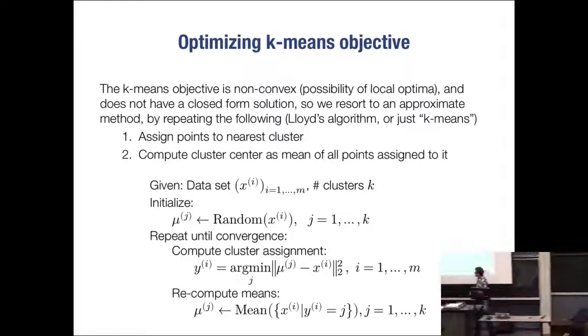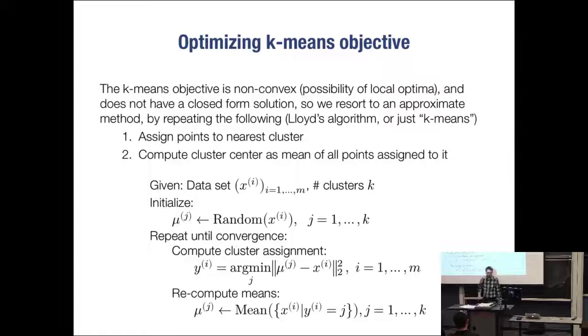Now we just repeat this until convergence. In step 1, we're going to compute for each example point a cluster assignment, which I'll call y. It's kind of like a label, actually. It is not a real prediction, but it's kind of like that, right? It's a discrete number from 1 to k. It says which of the clusters minimized the distance between this point and the cluster centers.